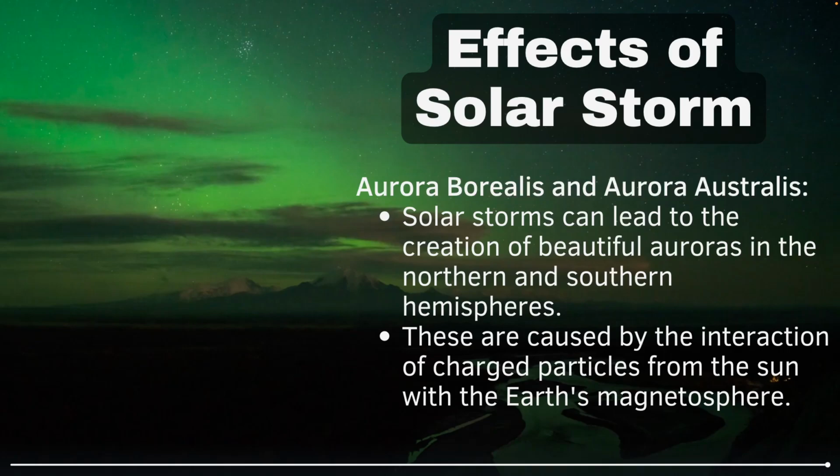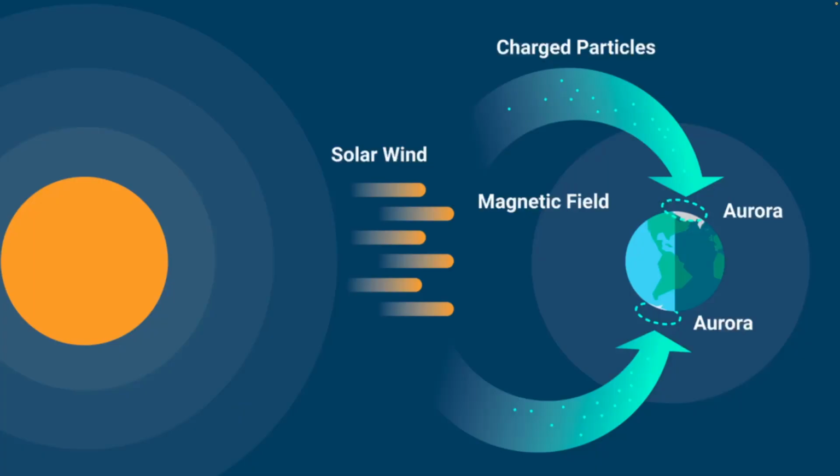This is created as a result of the charged particles from the solar storm interacting with Earth's magnetic field, which generates light observed at both poles.